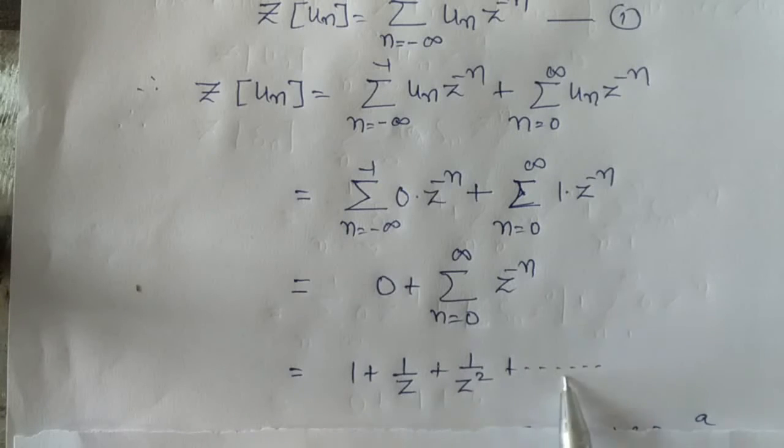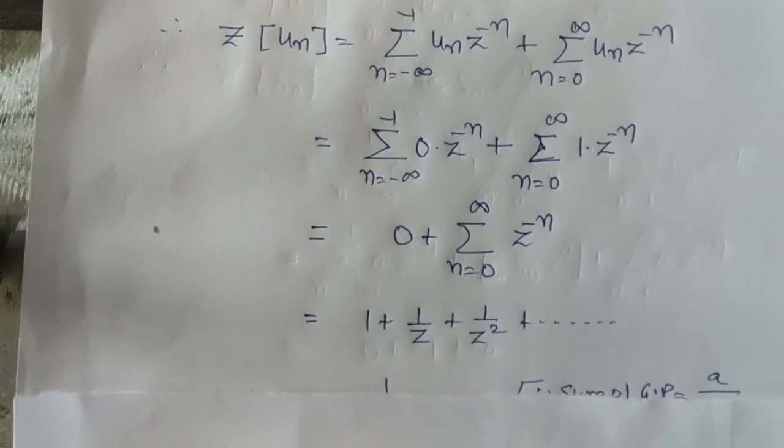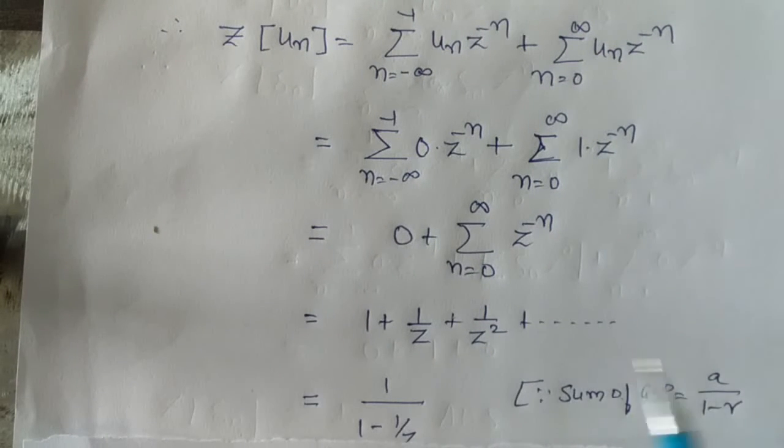Now this series is clearly a geometric series with first term a is 1 and the common ratio is 1 by z. As we know, the sum of a GP with first term a and common ratio r is a upon 1 minus r. So here the first term a is 1 and the common ratio r is 1 by z.